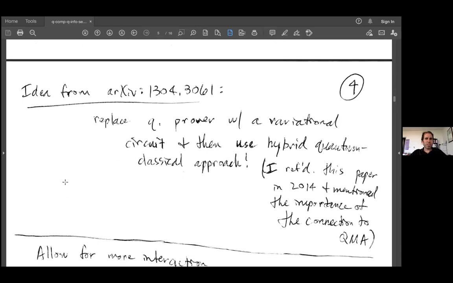Okay, so now I want to mention an idea that people had quite some time ago. This is now a famous paper. I looked it up today. It's cited like 1,200 times. And their idea was simple. They said, okay, let's replace the quantum prover with what's called a variational circuit, and then use a hybrid quantum-classical approach to address these questions like the Hamiltonian problem, figuring out the ground state energy.